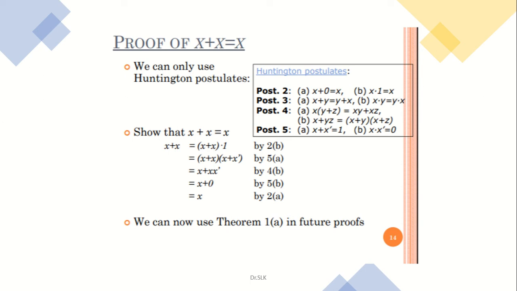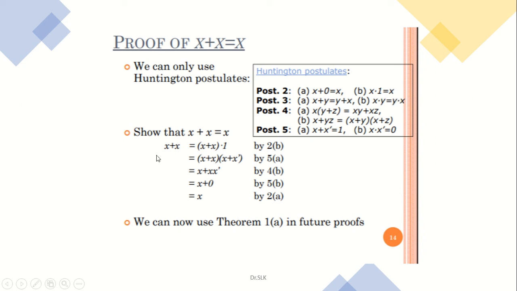If the question is to show that x plus x is equal to x, for that x plus x you have to multiply by 1, so (x plus x) into 1, using postulate number 2b under multiplication. When you multiply any number with the identity element 1, it gives the same element.